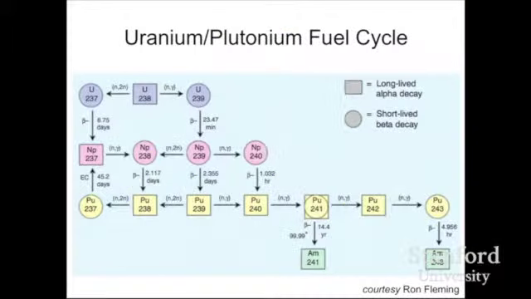The weapons problem, in the simplest way to think about it, comes from the fact that if you put uranium-238, the most abundant isotope, into a field of neutrons, you generate a whole series of plutonium isotopes.